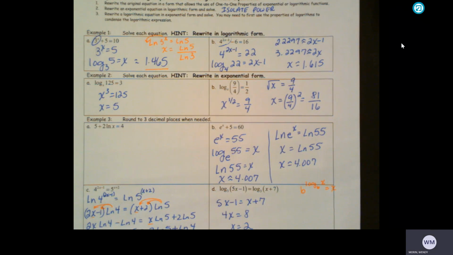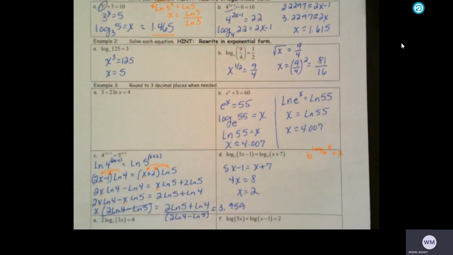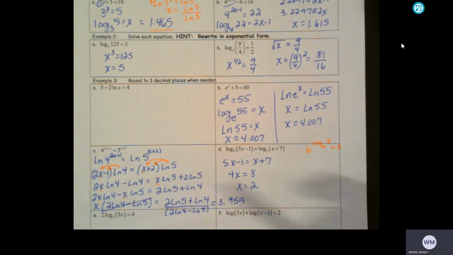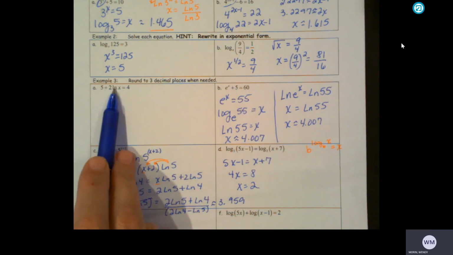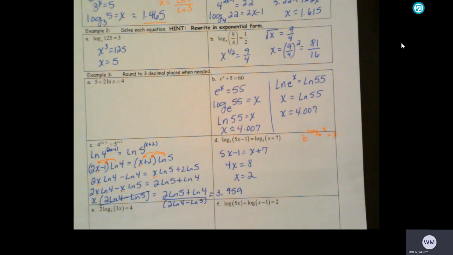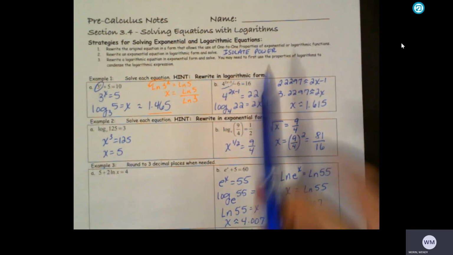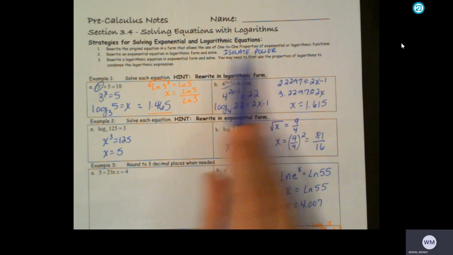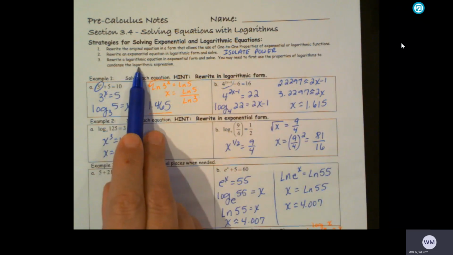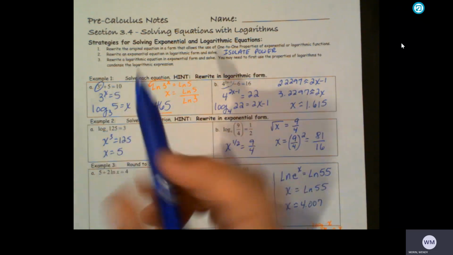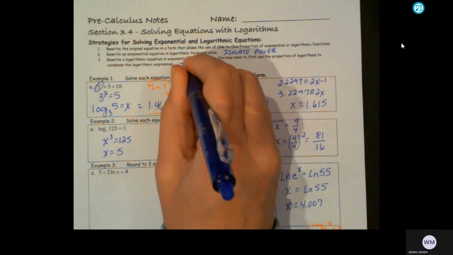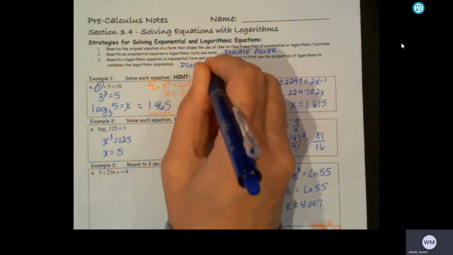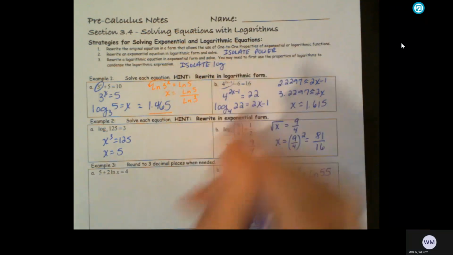Okay? So that's the general idea for log equations. But let's take a look at this one. This is a log equation changed to exponential form. However, you may need to use properties of logs to condense the log to a single expression, or try to isolate the logarithm.